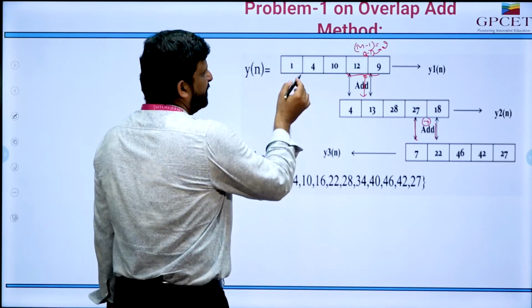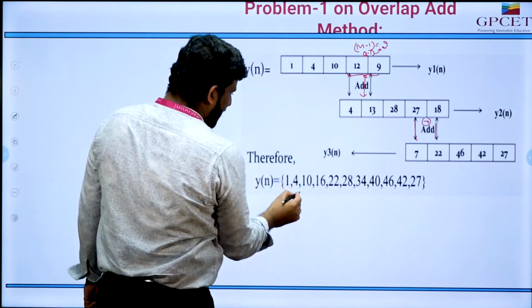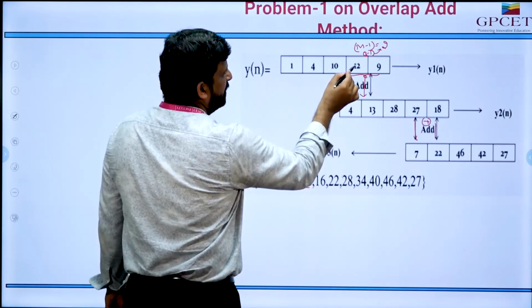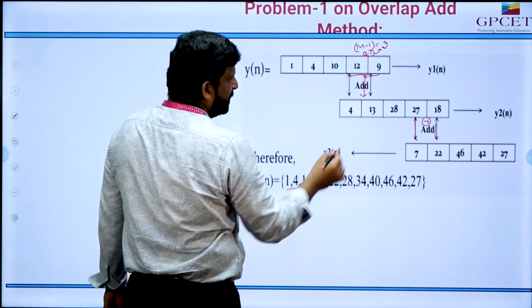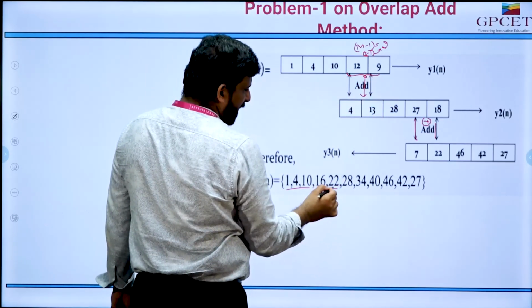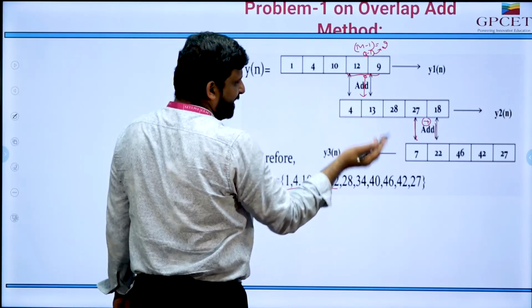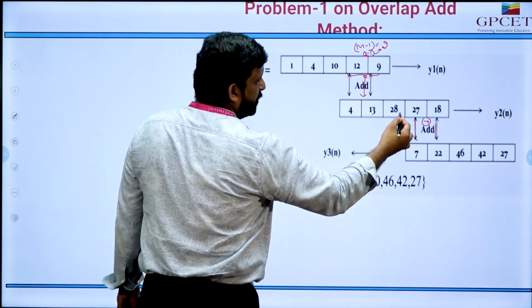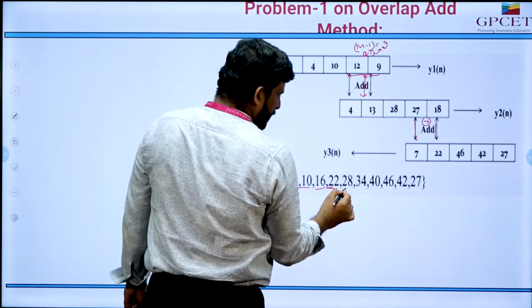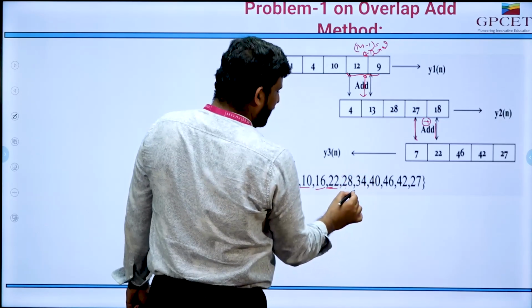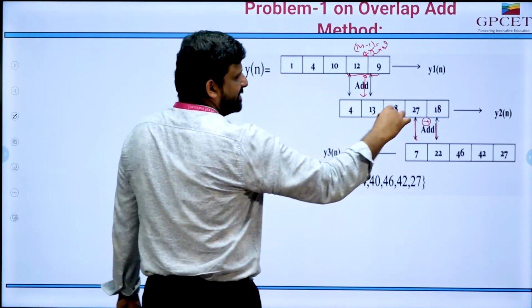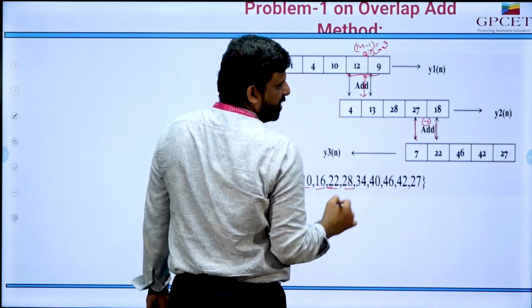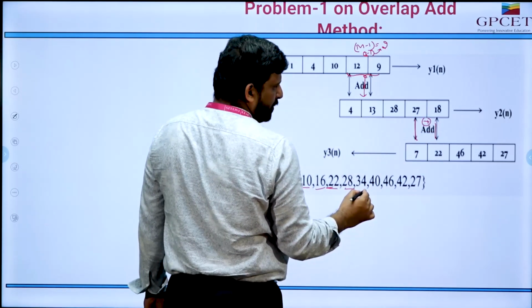So now if you see here, first I have written 1, 4, 10. Now here 12 plus 4, 16, 9 plus 13, 22. I have added the last 2 terms to the next succeeding output. Now the remaining 28, 27, 18: remaining 28 I have written. The next samples are added to the next succeeding output, that is y3 of n.